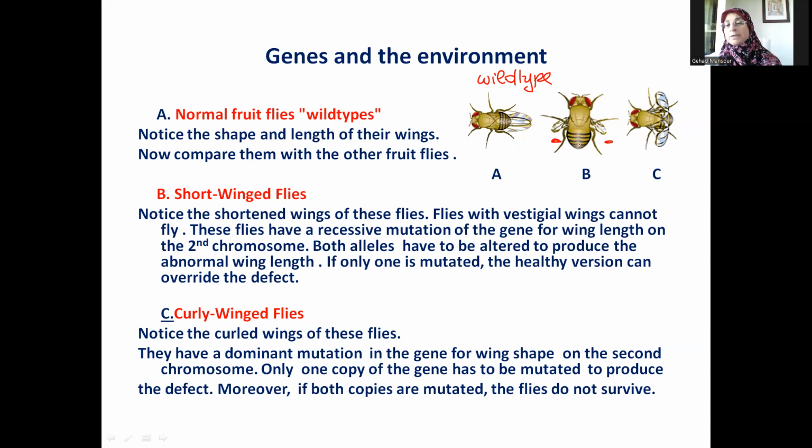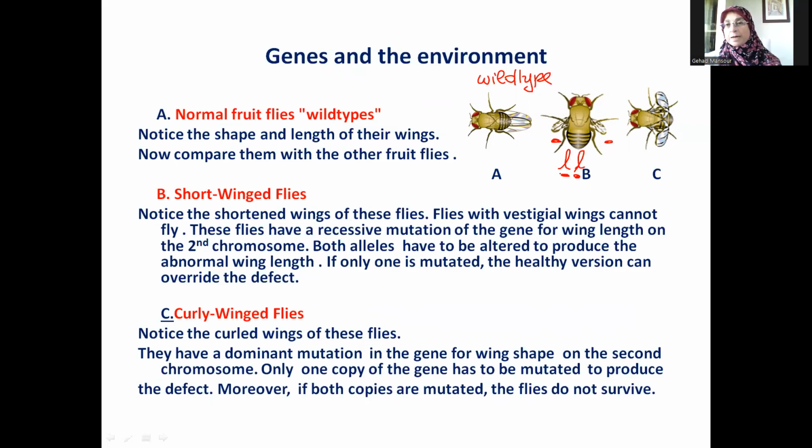Here, the vestigial wings result from a recessive mutation. So if the Drosophila fruit fly inherited two recessive alleles, then it would have vestigial wings.